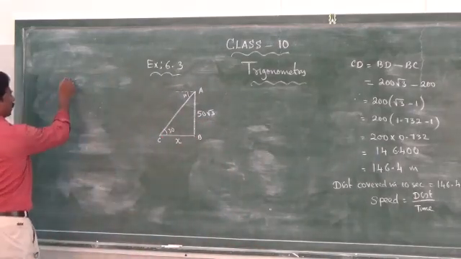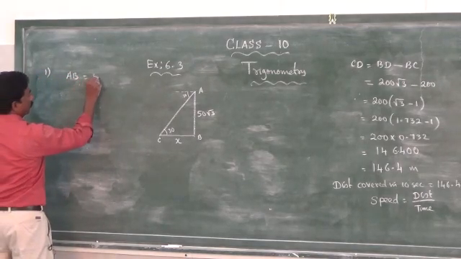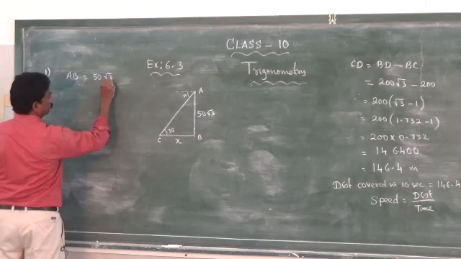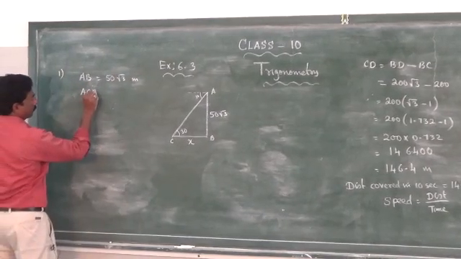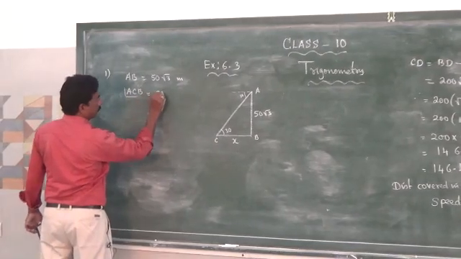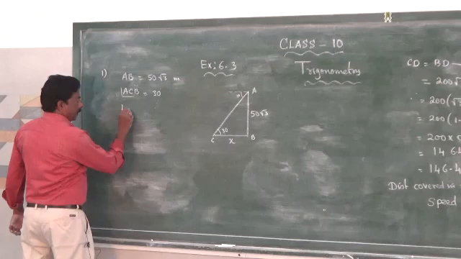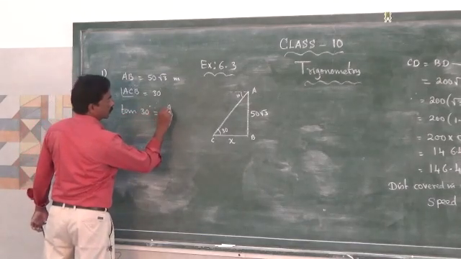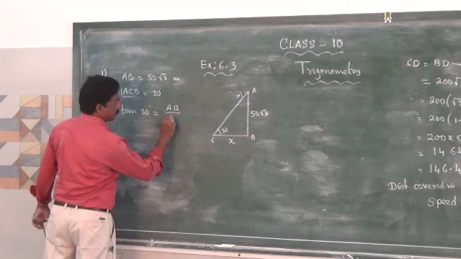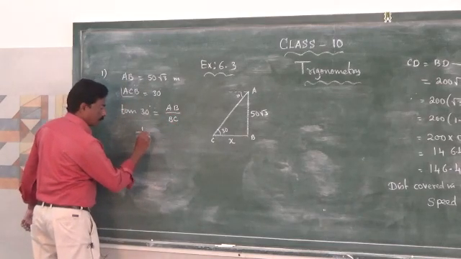So AB as usual is 50 root 3 meter, and the angle of depression is 30 degree. You have to find BC. So tan 30 is equal to opposite by adjacent. Tan 30 is 1 by root 3.